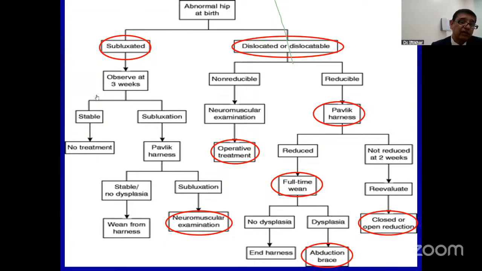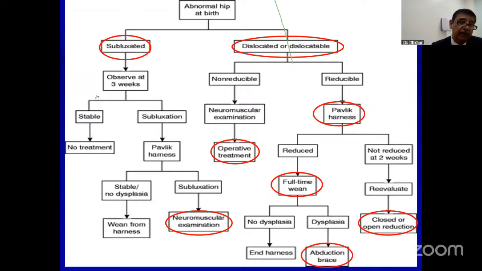If after 3 weeks the hip is stable, then you can discard the treatment and just follow up on a regular basis. But if after 3 weeks of observation it is still subluxated, then start the pelvic harness. The pelvic harness will either stabilize the hip or it will still be subluxating.